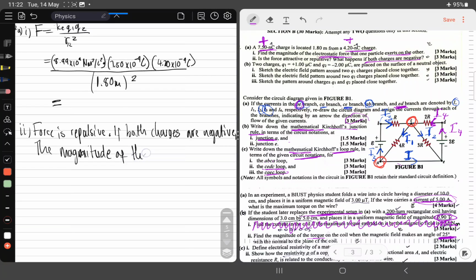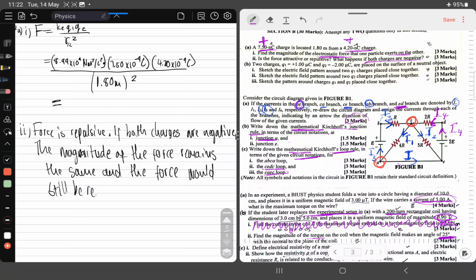The force would still be repulsive because they are both negative.